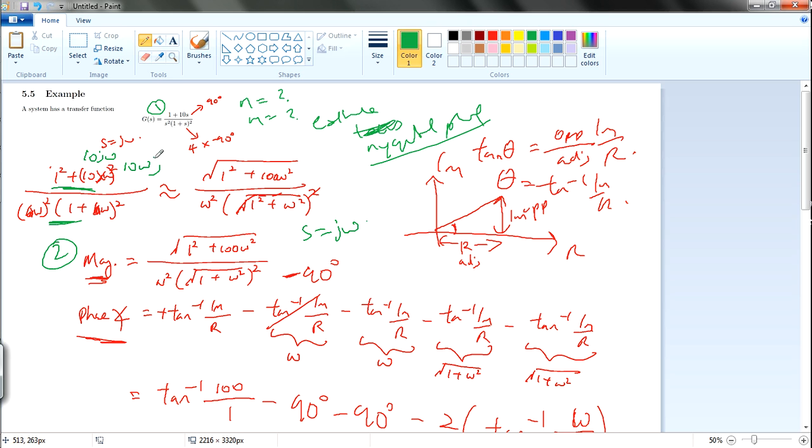So this j is the imaginary. We have a 10 omega magnitude. So 10 omega squared plus this is 1, so 1 squared, and then square root, and you will have the magnitude over here. So this describes the magnitude, and after that you can solve for the rest.